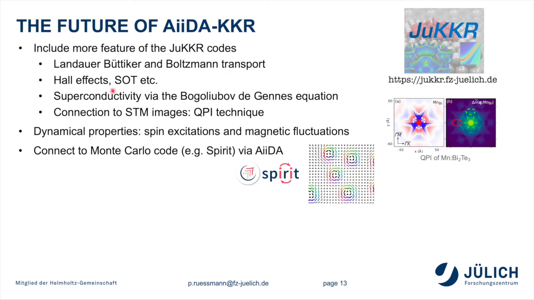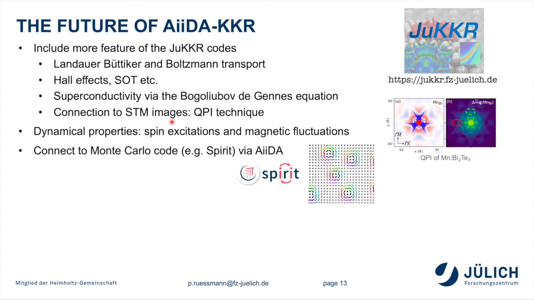We can then, for example, look at the spin orbit torques that several impurities can exert. And at the moment, we're also implementing superconductivity via the Bogoliubov-de Gennes equation into our KKR code, and it is planned to also make this available through the AiiDA-KKR plugin in the future.